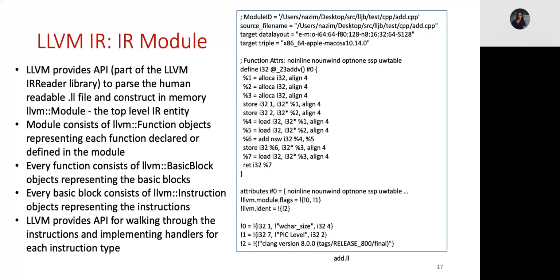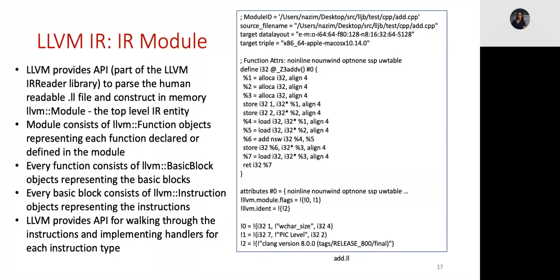Every function contains LLVM basic block objects, each representing a basic block, and every basic block contains LLVM instruction objects representing the instructions. LLVM also provides an API to visit each of these instructions in every basic block and to handle specific instruction types in different ways. That's what we use for constructing the OMR IL, and we're going to look at how we do that later.